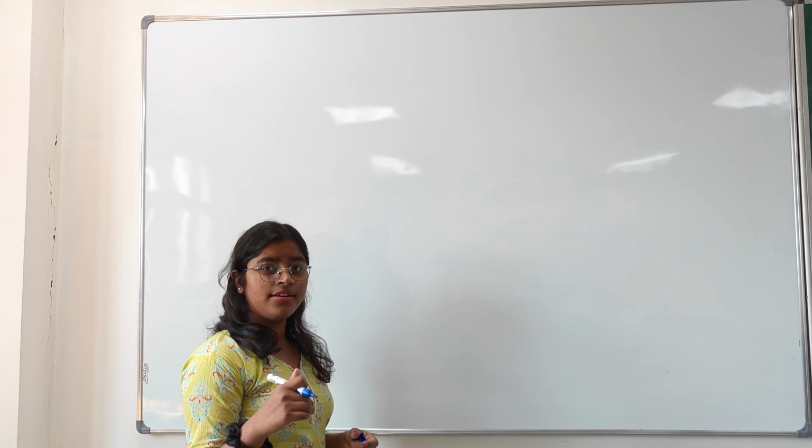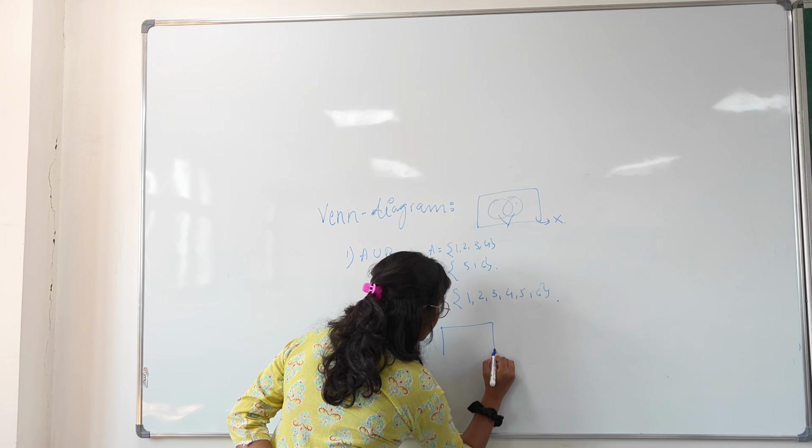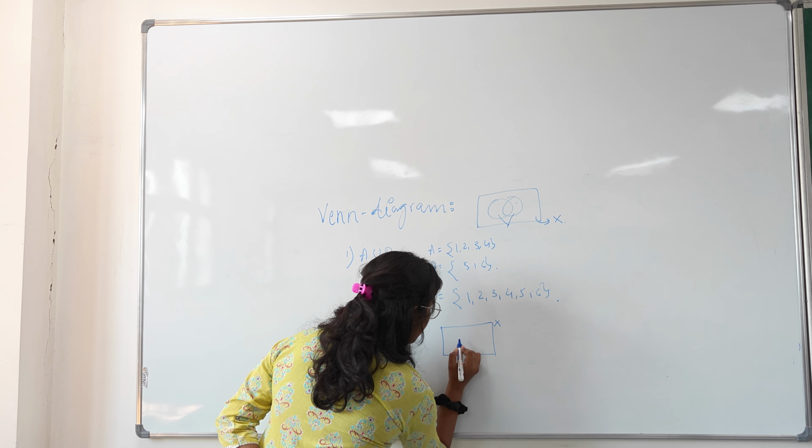Now we will understand it from the Venn diagram. This is our X, A and B. We consider A elements and B elements also. So this is our A union B. It consists of all elements.